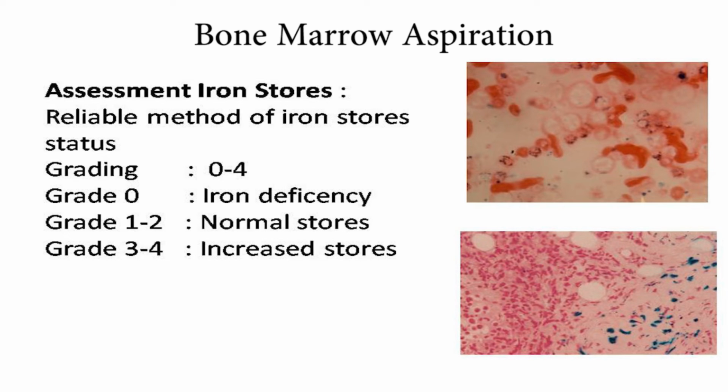I don't know what the concept of the majority of clinicians is, in spite of repeated warnings given to them, that if you want to assess the anemia, please don't give blood transfusion or any treatment. Get the investigation done and then go for bone marrow.